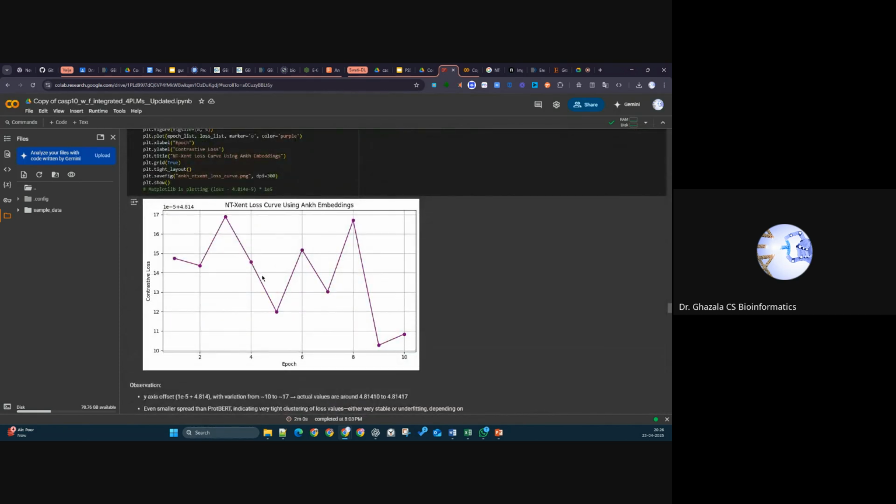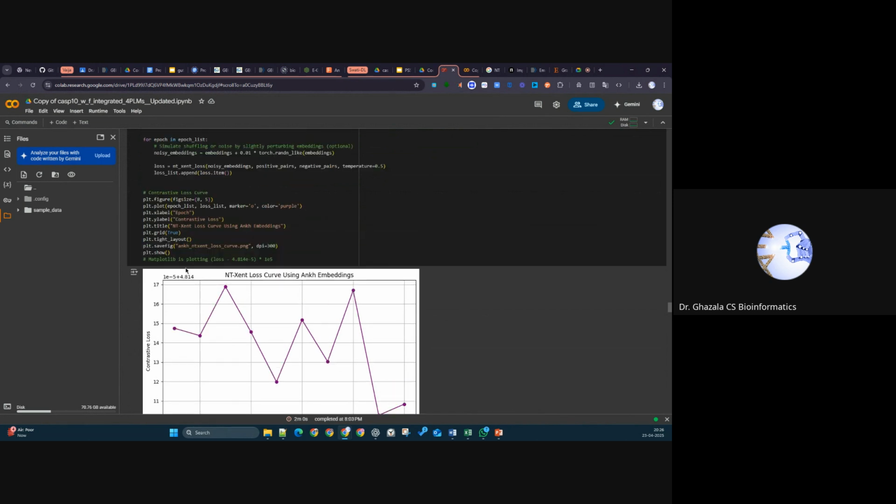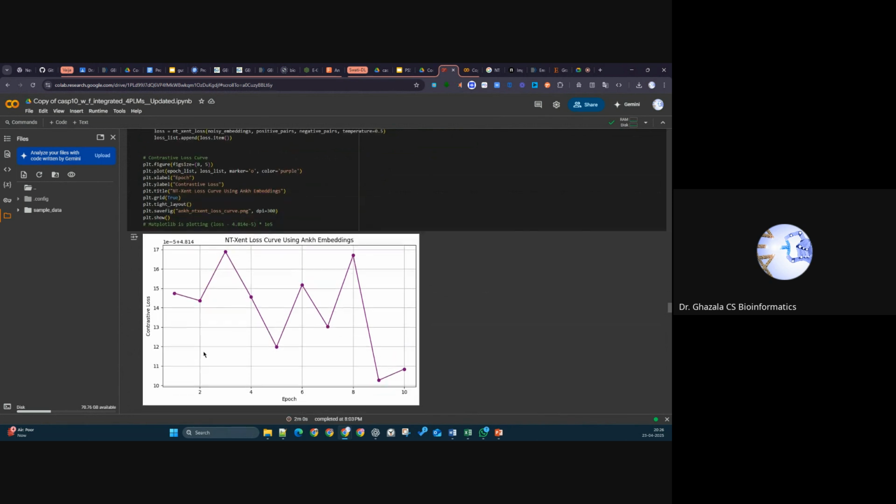And here again, we have the contrastive loss variation. A lot of variation is there, but we have the exponential power short range here. So what this plot is calculating is the actual loss minus the value that we are having here as the constant value.